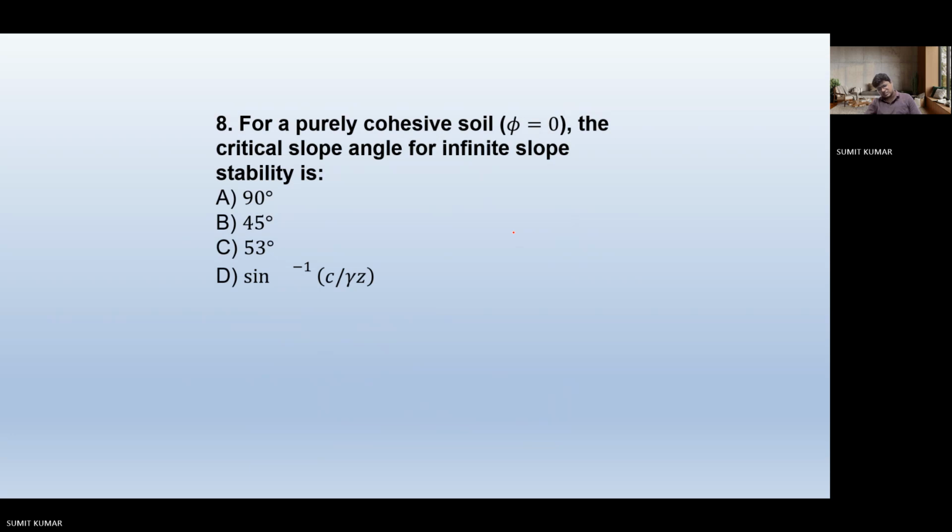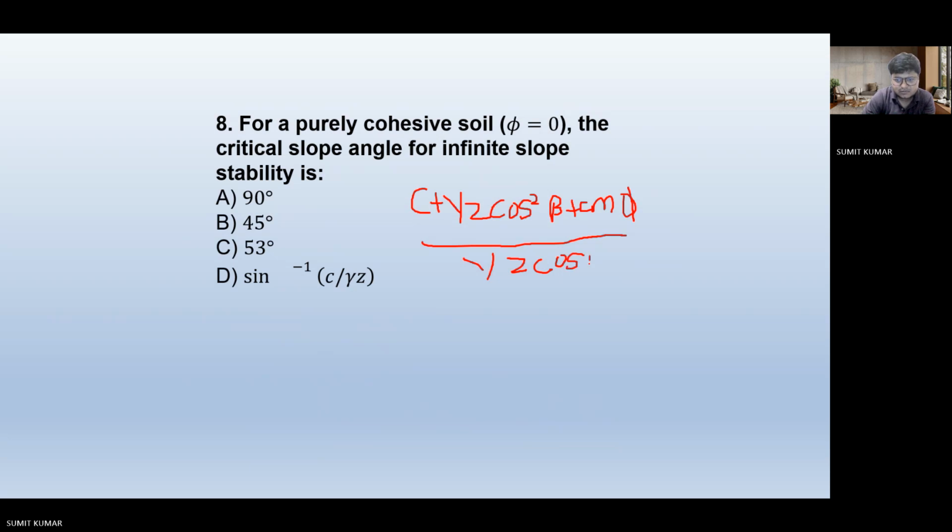So again, if you remember, for this case we have c plus gamma z cos square beta tan phi over gamma z cos beta sin beta equal to 1.